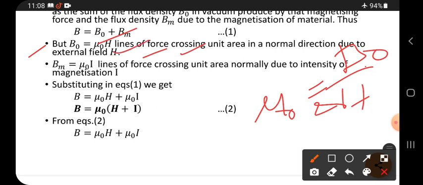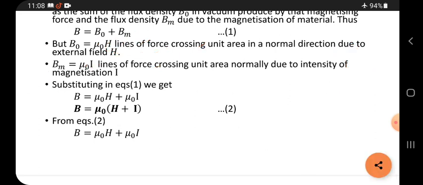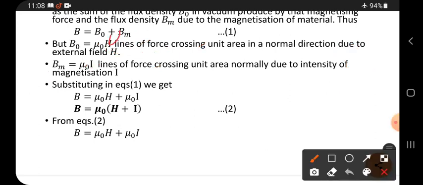The other is lines of force crossing unit area normally due to the intensity of magnetization. So H is the external one, and I is the internal one. Substituting these two values in the equation, we get the relation between B, H and I.